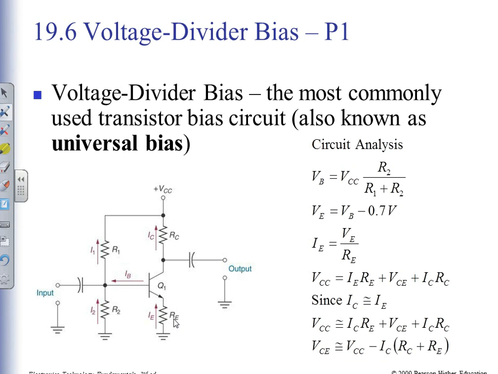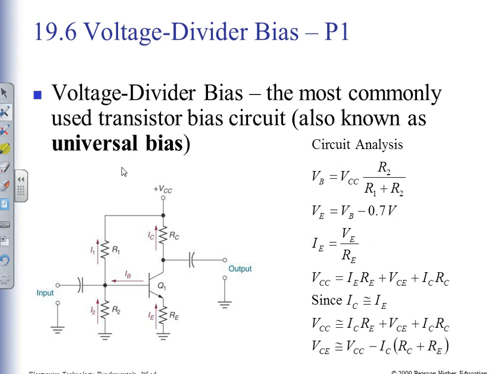Knowing the current at the emitter, I can now calculate the current at the collector, but that's almost the same as the current at the emitter, so we could use the same number and be perfectly okay. We should know what VCC is because we're supplying it, but we can calculate the voltage collector to emitter at that point.